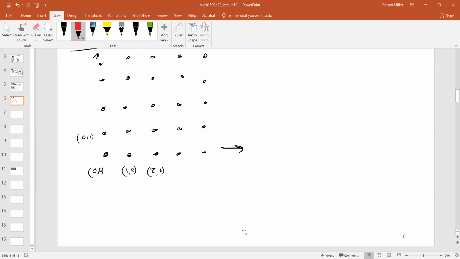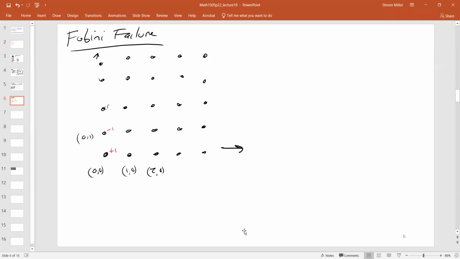And I'm going to define it to be plus 1 here, minus 1 here, and then 0 for all eternity. And then in this column, I'm going to do 0, plus 1, minus 1, and then 0 for all eternity. And then 0, 0, plus 1, minus 1, and then 0 for all eternity. So is it clear what the pattern is?